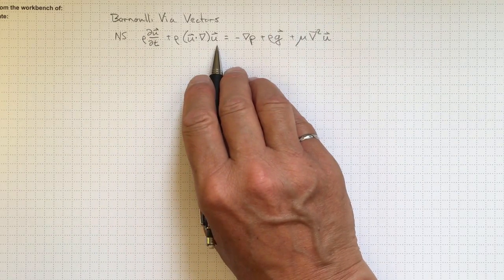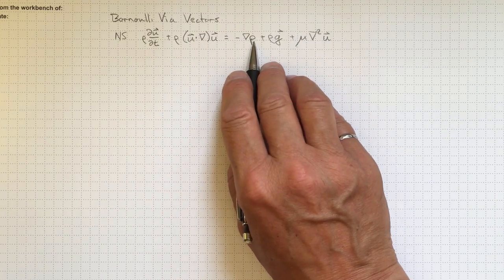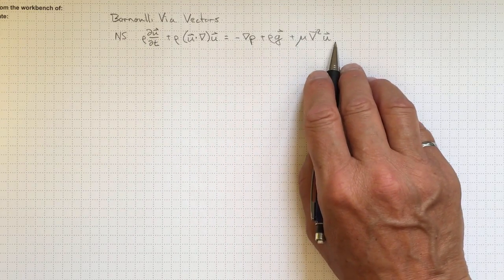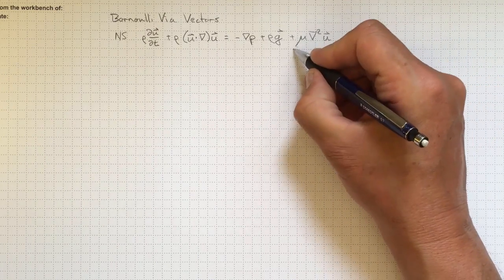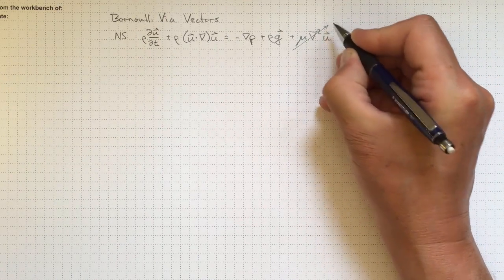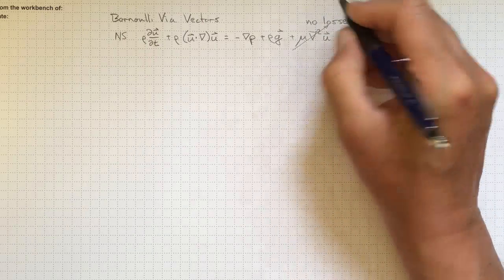This equation tells us that the acceleration of a particle depends on the applied pressure forces, gravitational forces, and viscous forces. If we have no energy lost or gained, then these viscous forces will be canceling out because those are our losses.